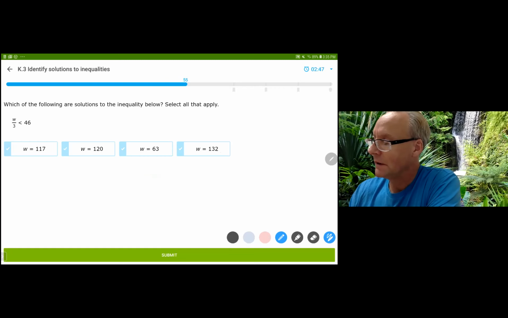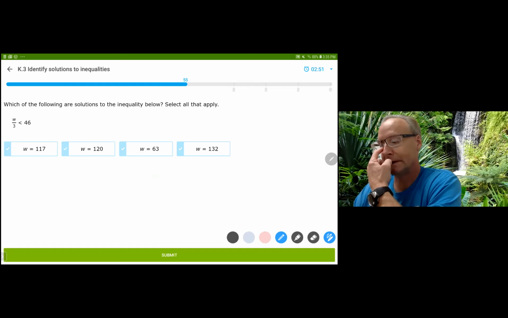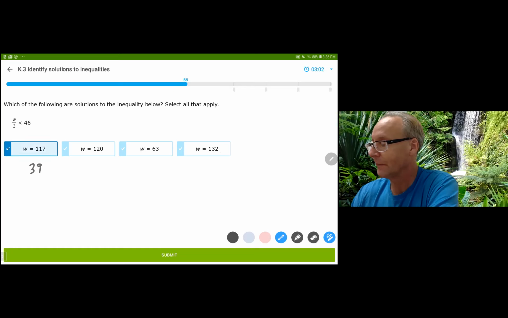Now this time, we want W over 3 to be less than 46. Well, I'm going to divide this by 3, and it goes in 39 times. Is 39 less than 46? And it is. 120 over 3 is 40, and that is less than 46.